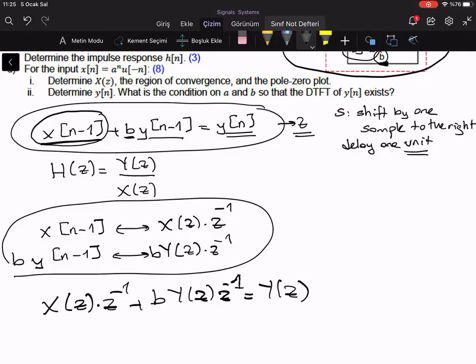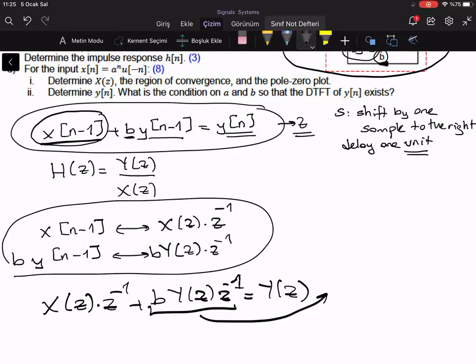Is this part clear? I have to convert the time domain difference equation into the z domain in order to obtain the transfer function, h of z. How do I go further? I will take this one here, y on one side, x on one side.